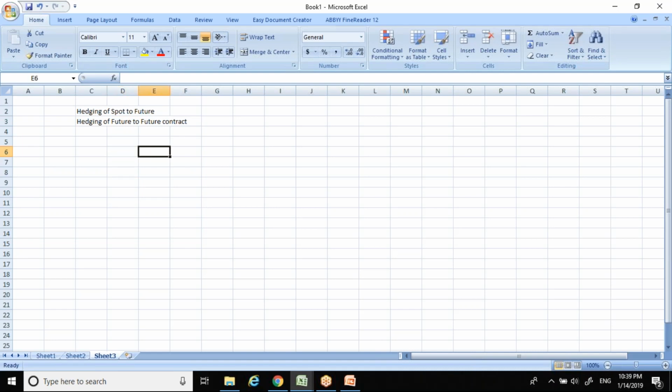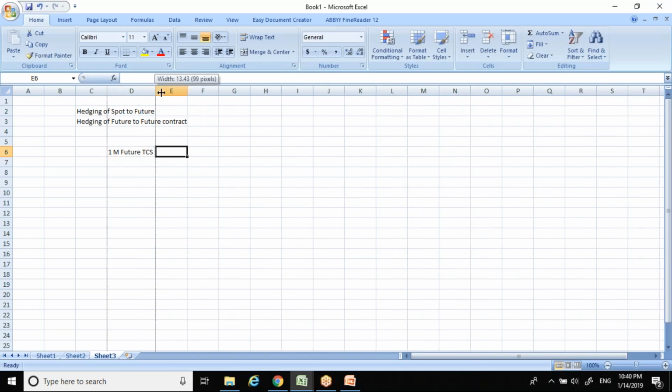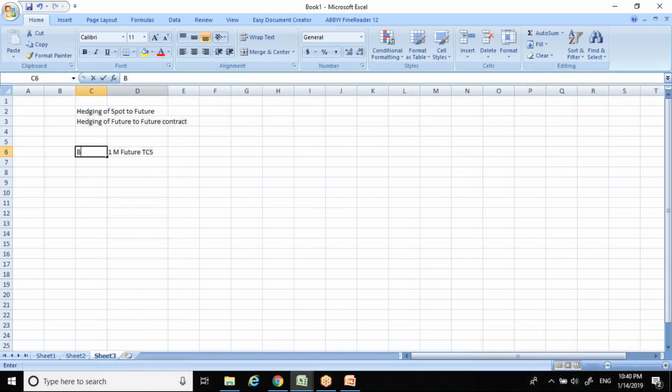So how do we do the future to future hedging? Very simple. Let's suppose you have a 1 month future contract of TCS, and you are buying one contract at 1800, and the second contract is trading at 1820, and this is the second month future contract.